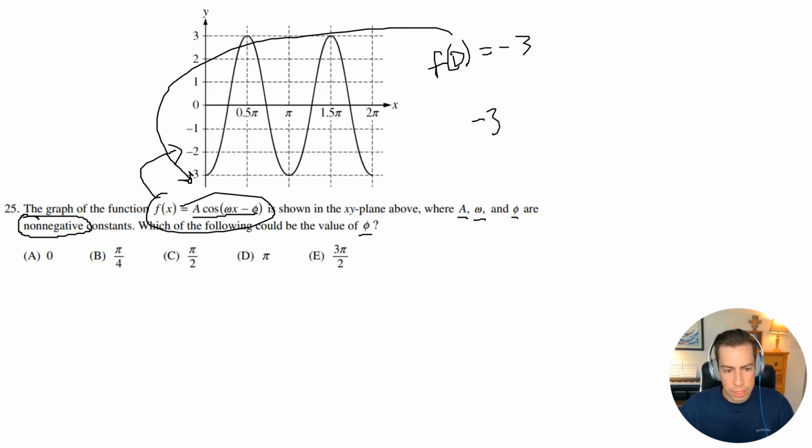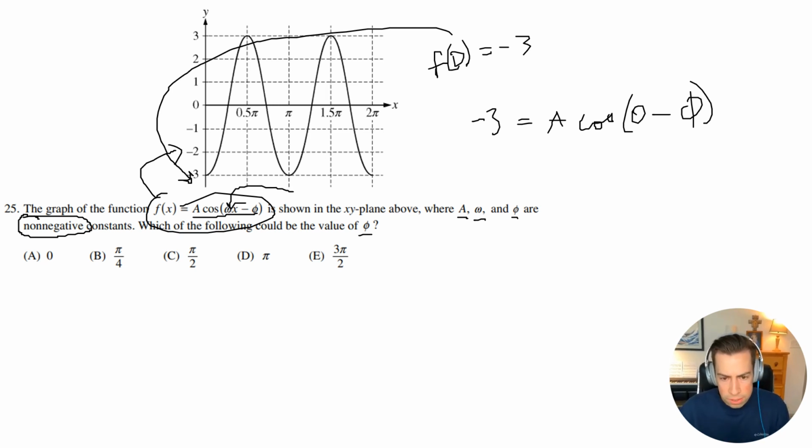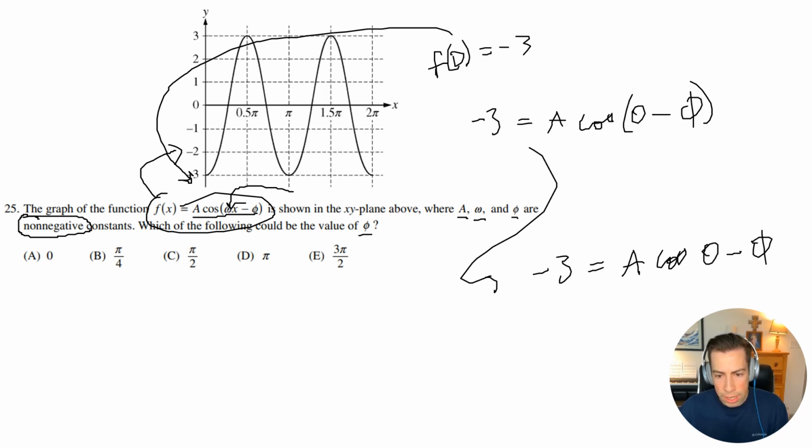I'll have -3 equals a cosine of 0 minus phi, because if x is 0, the entire thing goes to 0. So if I simplify this down, I now have -3 equals a cosine of 0 minus phi.